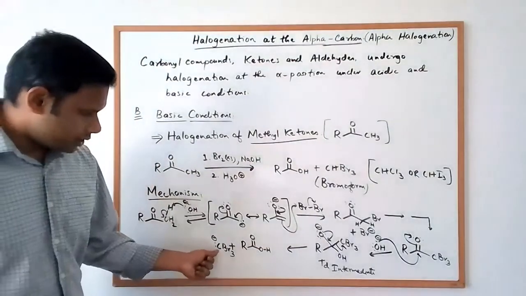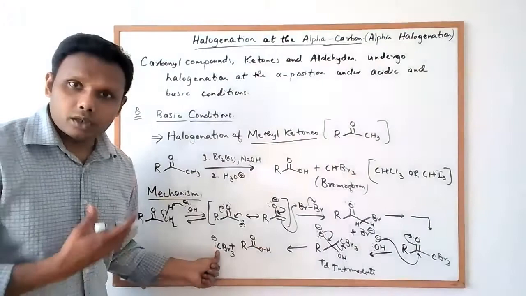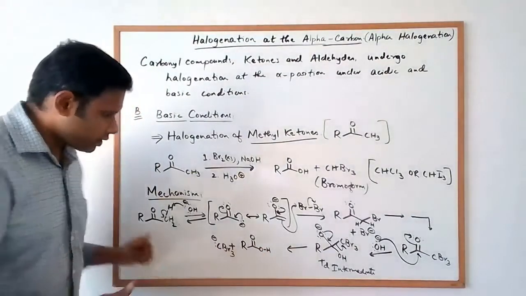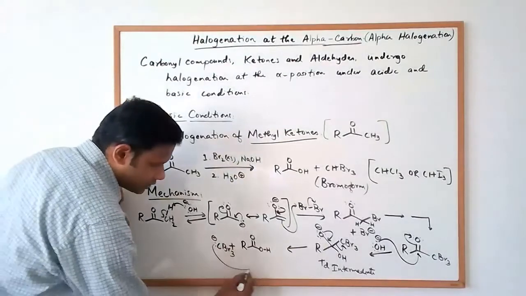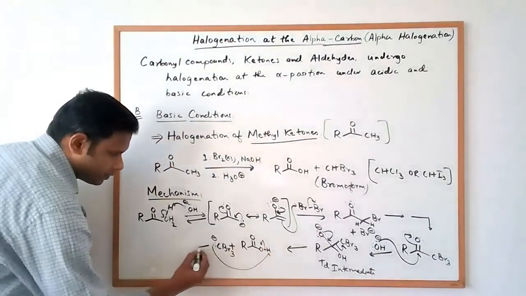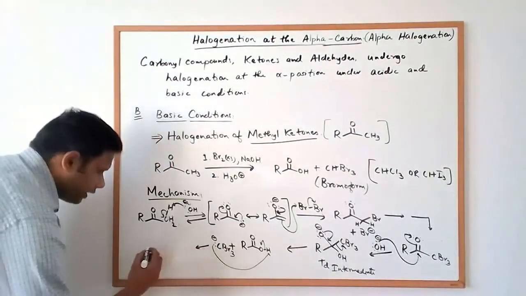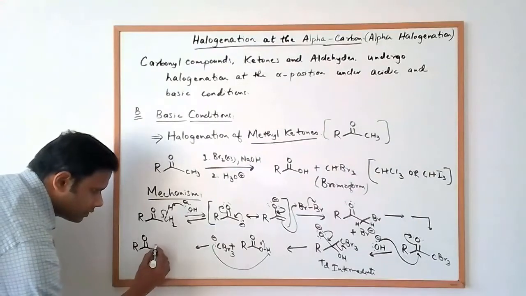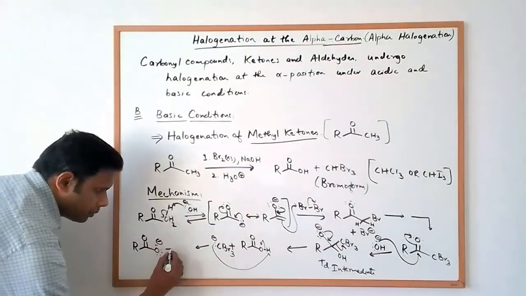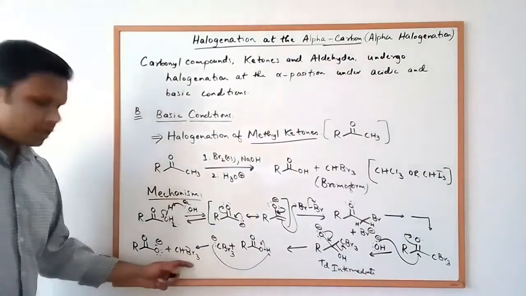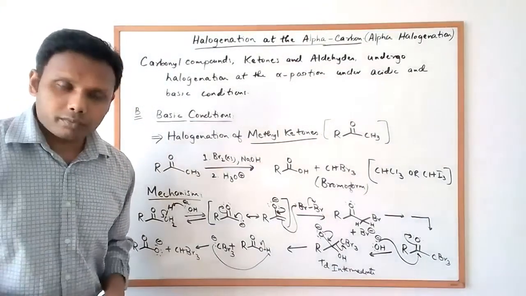And now, because we have a carbon-based nucleophile or a base here, a carbanion, and we have a carboxylic acid, it will deprotonate the carboxylic acid such that we finally end with a carboxylate plus CHBr3. So that's how we get the bromoform.